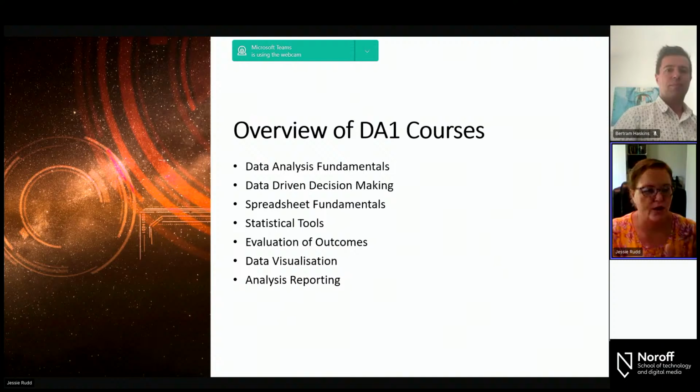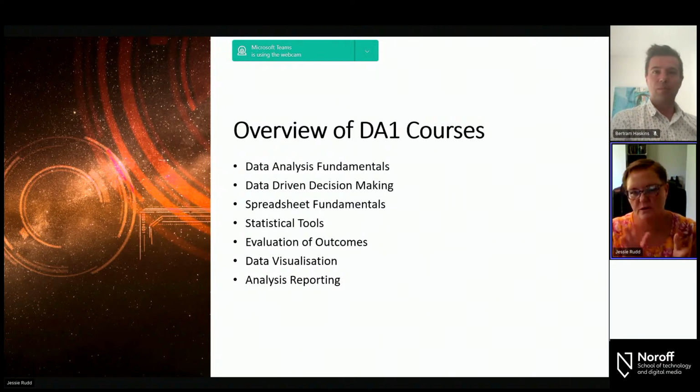We introduce ANOVA analysis, histograms, scatter plots, box plots, all of those fundamental statistical tools that we would be able to use to carry our story of data across to the business, and also how to do all these things in Excel, which makes it something they can actually do while they're learning the tool of Excel.